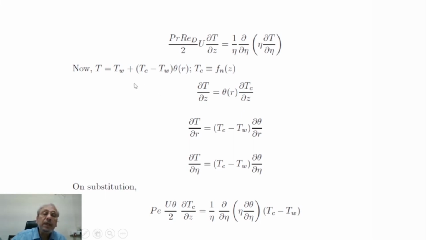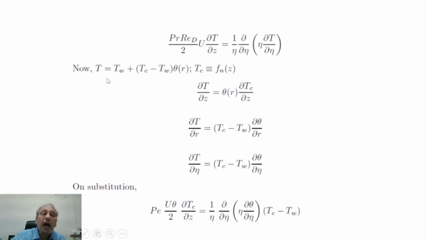So we have already defined that T minus Tw divided by Tc minus Tw is theta. So T can be written as Tw plus Tc minus Tw into theta. And Tc we know is a function of X, thereby it's a function of Z also. So del T del Z is theta del Tc del Z, we can get from here.